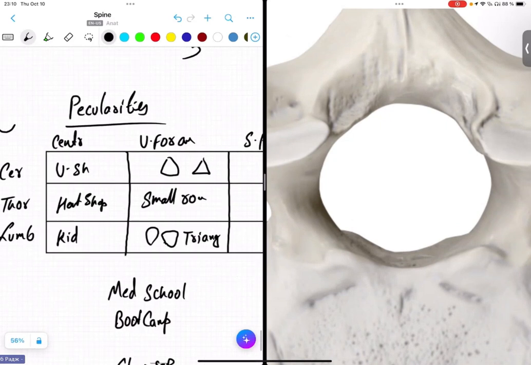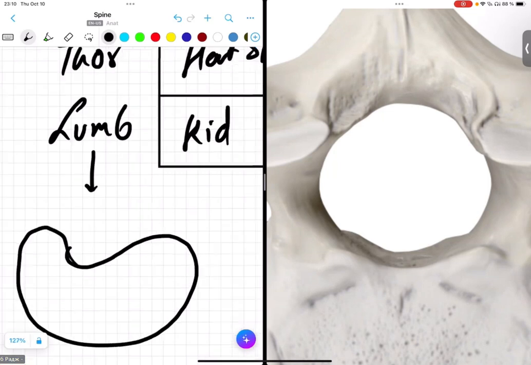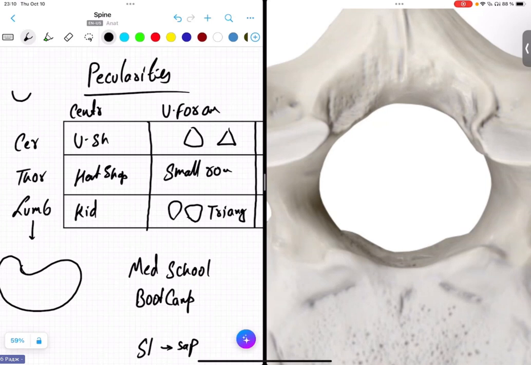So see, in the centrum, in the cervical region it was U-shaped, in the thorax heart-shaped, in the lumbar kidney-shaped. Why is this kidney-shaped? Can anyone tell me? Because the lumbar vertebrae have very large pressure above them, so they expand. I will tell you about it in the regional anatomy of the lumbar vertebrae, when I tell you about the lumbar region. So I will discuss by vertebrae level.